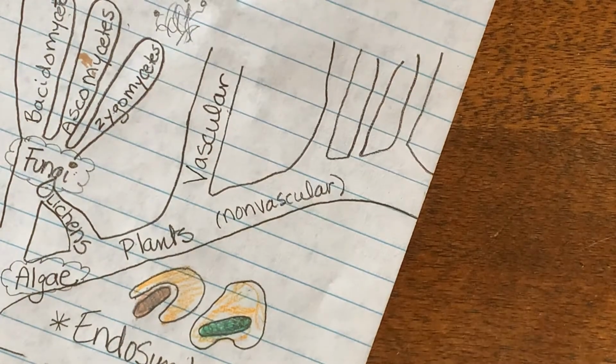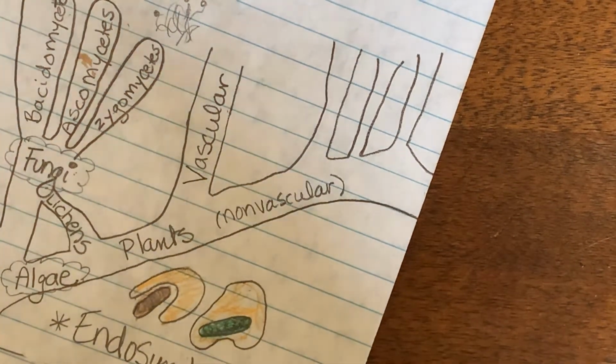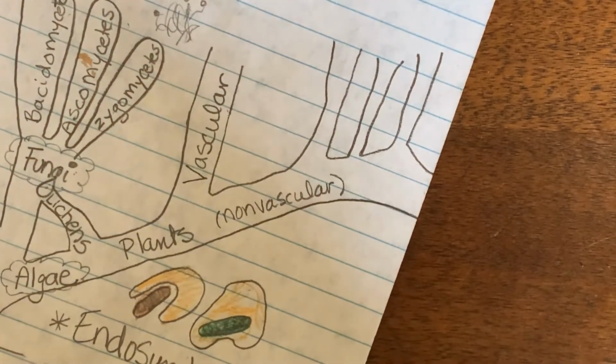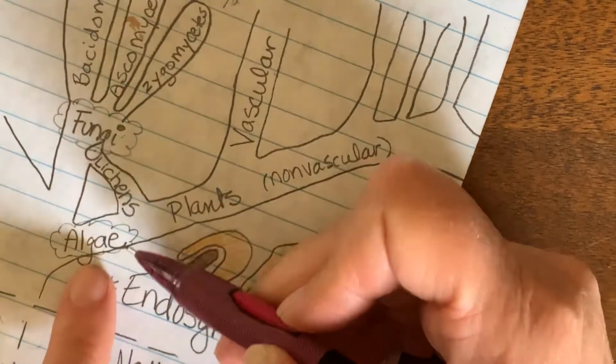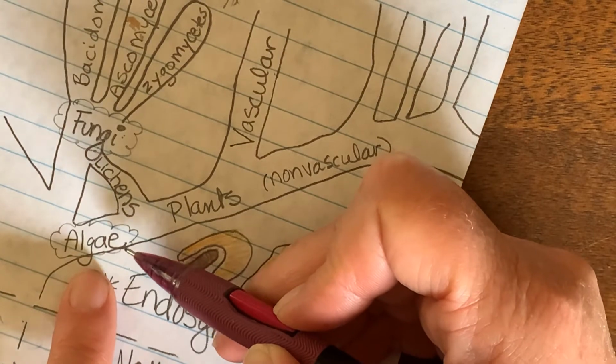Now, why would you not need a vascular system if you were a plant? Well, the truth is that the plants that are non-vascular have to live in, on, or around water. And so when we look at the plant kingdom and we start with algae down here at the bottom, algae lives exclusively in water.